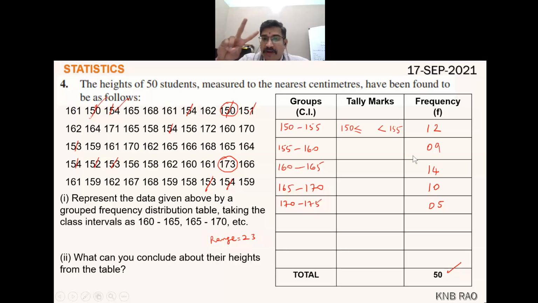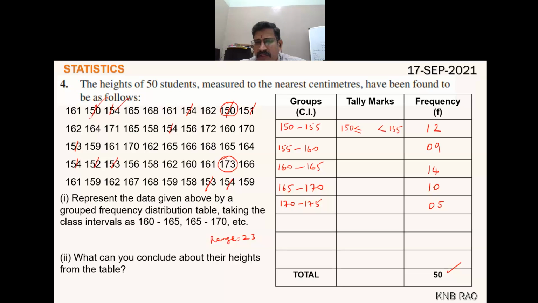One more conclusion is that the tallest student in the class has a height of 173 centimeter, and the shortest is 150 centimeter. We can also conclude the average height.